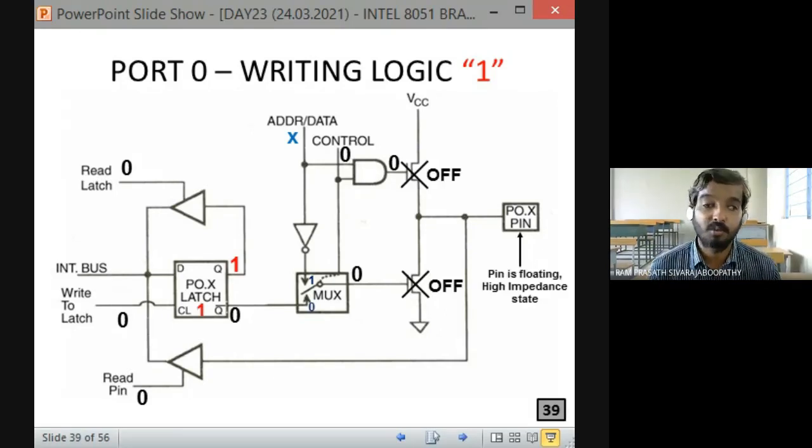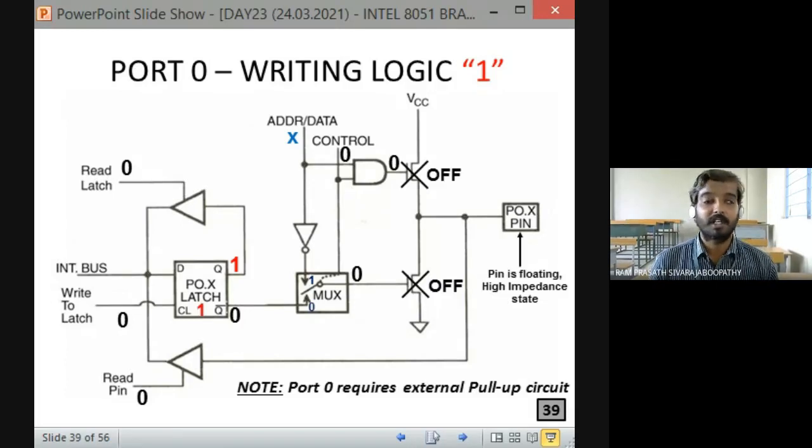What do we have to do for port 0? We saw that in port 1 there is an internal pull up circuit, correct? Port 0 does not have such a pull up circuit. So what do we have to do? Externally we have to create a pull up circuit. For that, we have to connect a resistor from that pin to 5 volts.